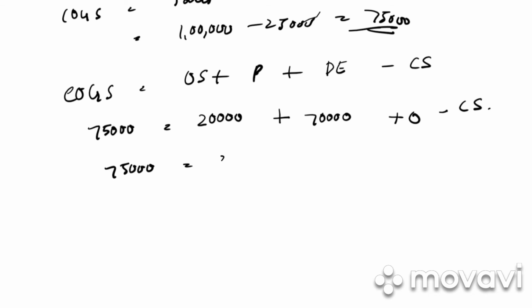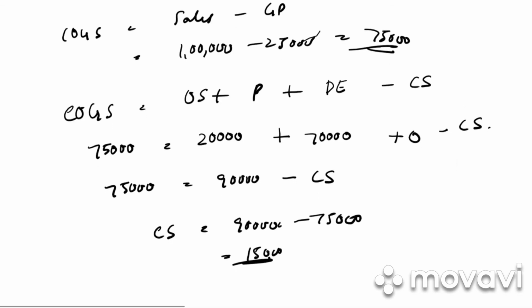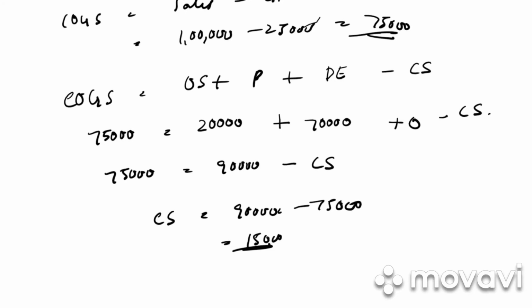So 75,000 is equal to 90,000 minus closing stock. Closing stock will be 90,000 minus 75,000, that is 15,000. Clear? So this is how we prepare the trading account. We find out cost of goods sold, gross profit in different ways.